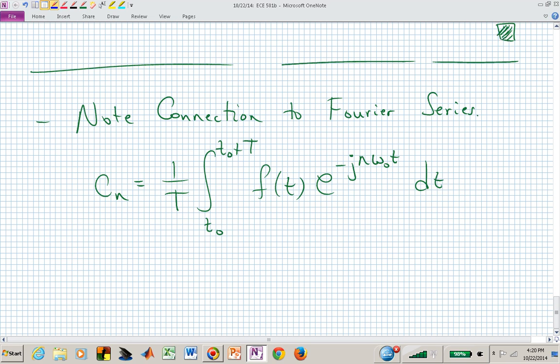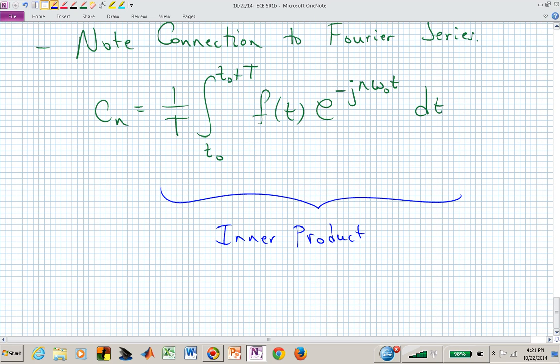What is that beast, that integral? What's another way of thinking of that integral as an inner product? This is now an inner product. We are trying to expand f of t with this infinite sum of weighted exponentials. Our waveform or function is f of t. What is this other object in our inner product? That's the other piece, which is now our set of basis vectors, isn't it?